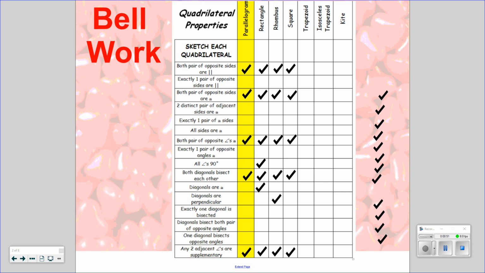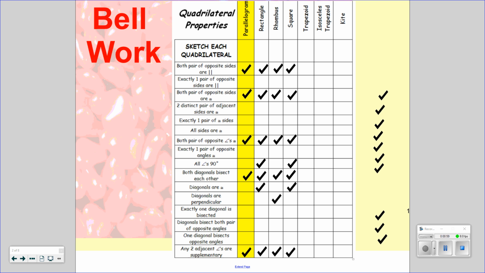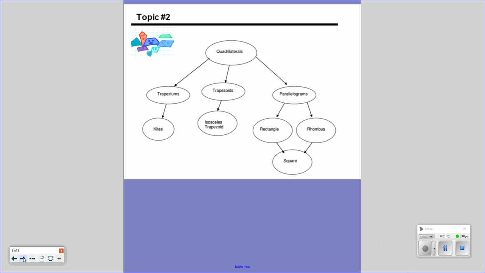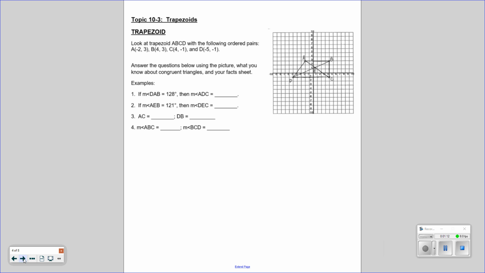And the square is both a rectangle and a rhombus, and so whatever you check for the rectangle, you should check for the square as well, etc. Okay? And the kite, etc. So make sure you're checking all your properties onto your fact sheet. Okay, and you have your flowchart that will help you out as well.